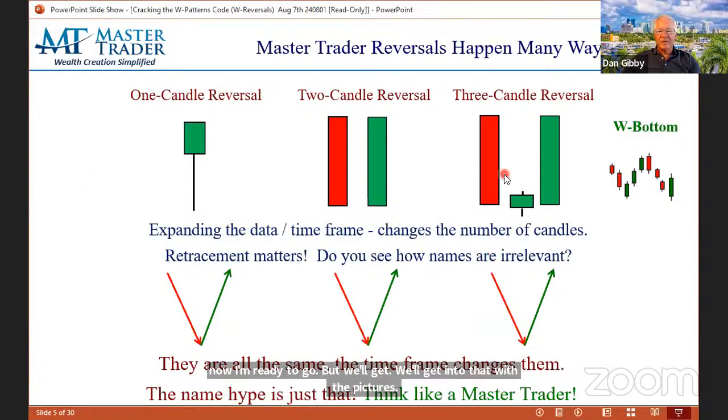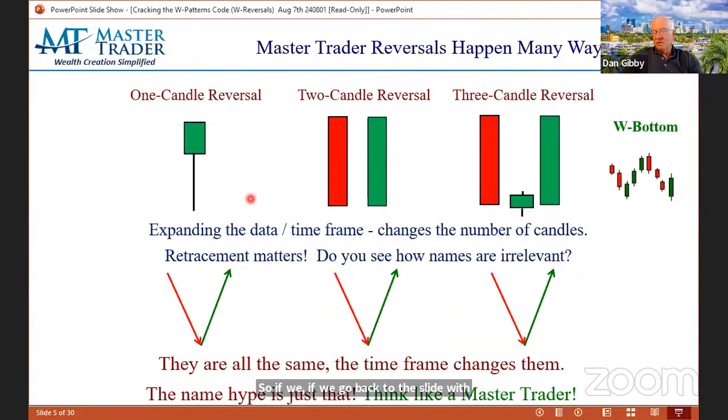So this is a slide we talk about all the time, talking about turns. If we go back to the slide with all the patterns, every one of those involves a turn before we enter. This is a one-bar turn: it went down and went up. So I have a bottoming tail and some type of big, it could be a big green bar.